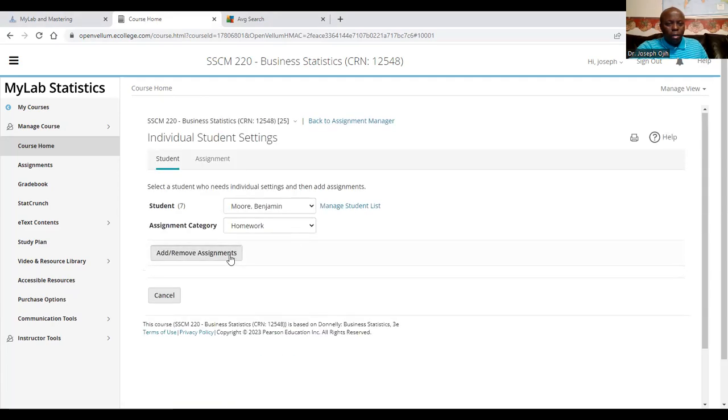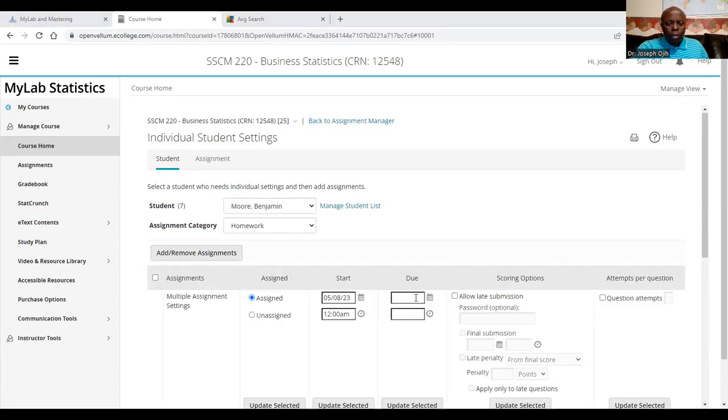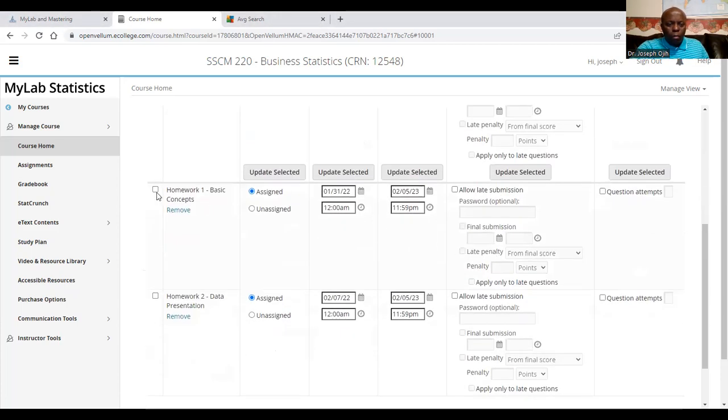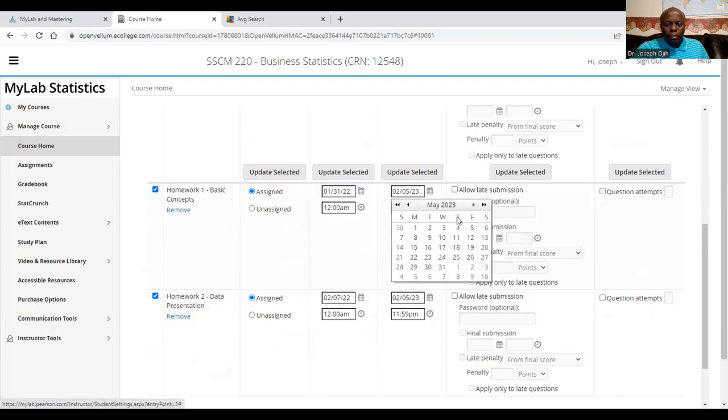It says homework 1 and what again? Homework 1 and homework 2, from the first week. Okay. Homework 1, 14th.